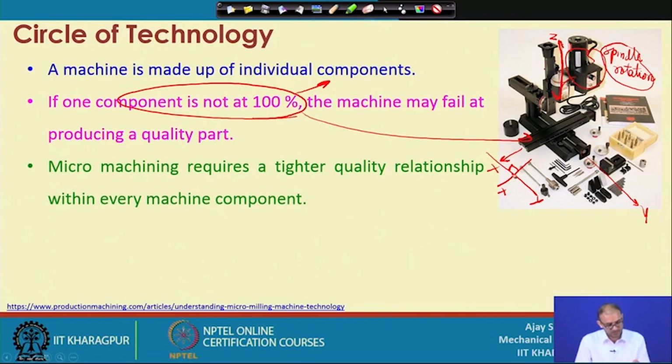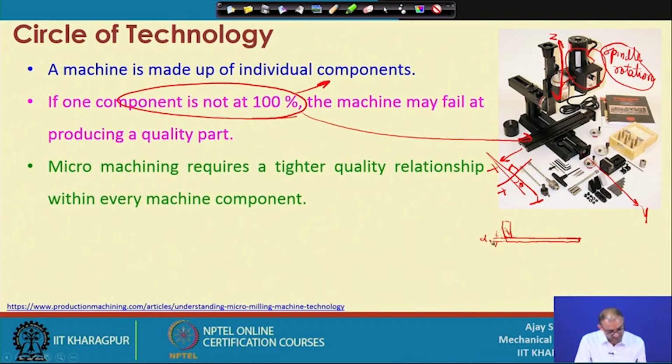That means the perpendicularity should be maintained. If perpendicularity is maintained, but the flatness is not there, then there are problems, because you want to cut something like a straight line in this case, and because x and y are not exactly parallel and have some angle theta, your tool is right now here and you want to cut from this to this, up to this much distance only, and the depth is the same from here to here.